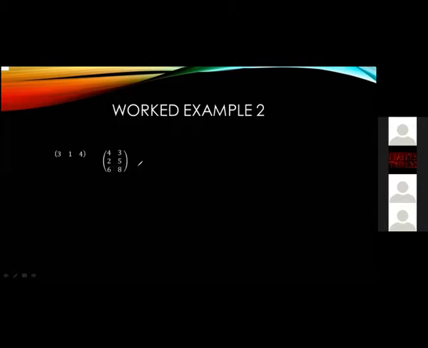Okay, so in this case, we have 2 matrices.